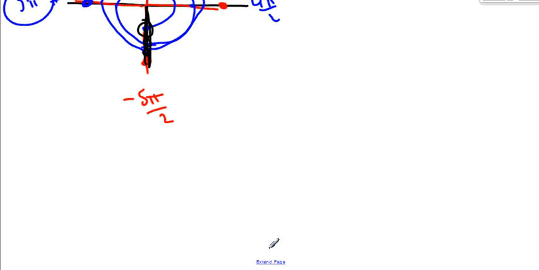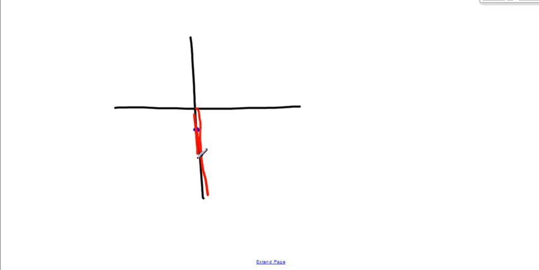So I'm going to draw it again, just because I like things to be nice. So again, we're starting here, and we're going to see the rotations. And this is my terminal arm. That's the only angle I actually care about. And you can see I start off right on top of it at -5 pi over 2. So that's one of my answers.